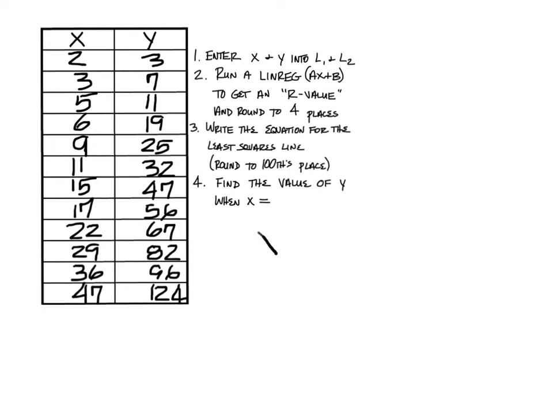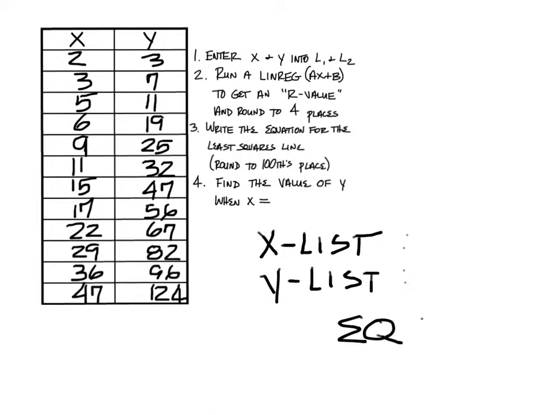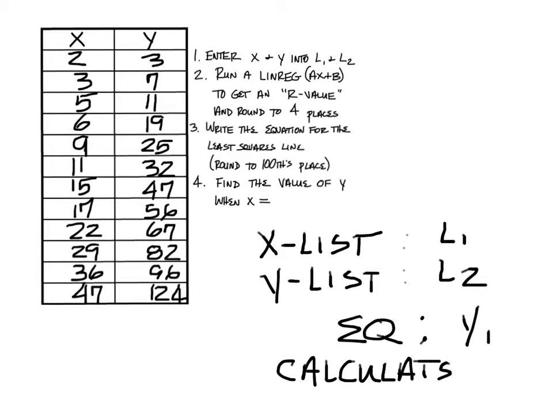You'll have something that's kind of like X list and then Y list. And you'll have something with an EQ just below that. And you want to make sure you have L1 for your X list, L2 for the Y list, and Y1 for the EQ. And underneath all that should be a calculate option.